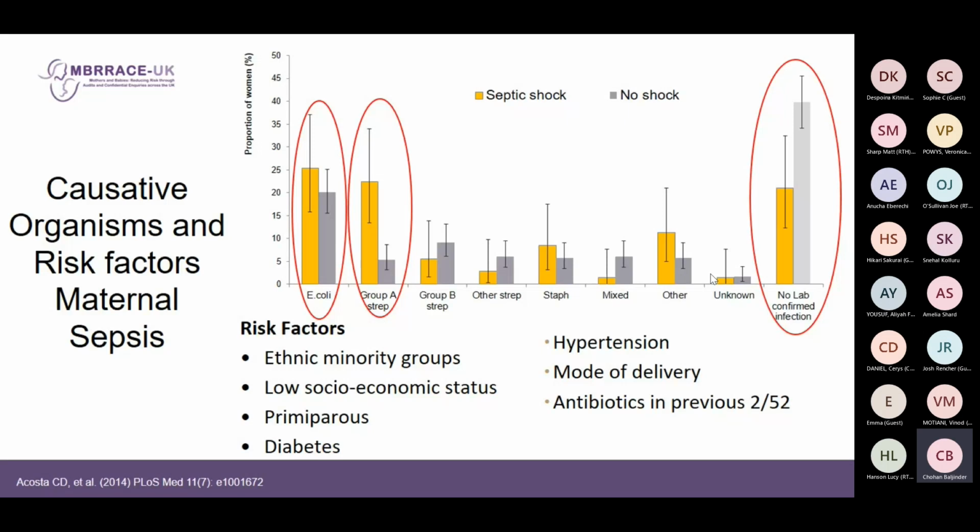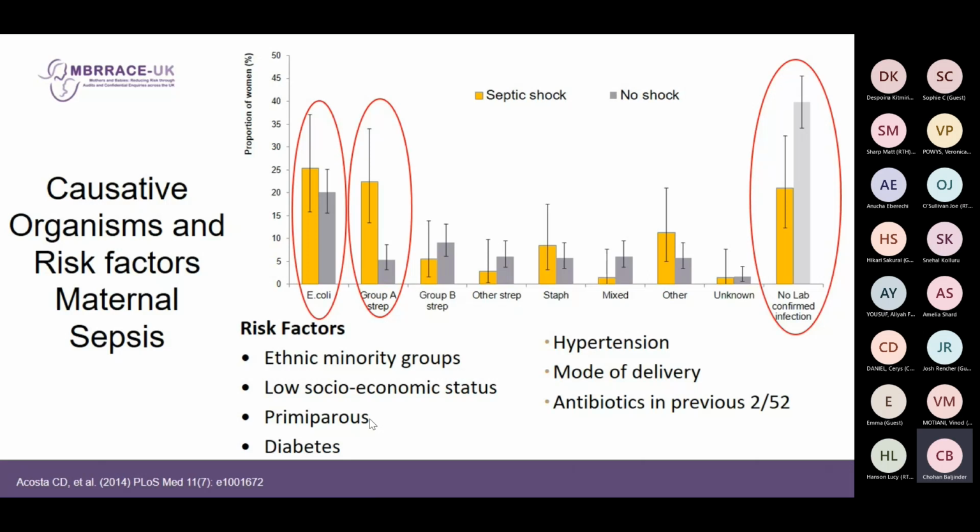Any questions, comments? Why does being a primip make you more susceptible? So where's that risk factor, being a primip? Good question. I've just lifted this from the MBRRACE report. Again, I don't know if it's partly the SROM side of things. Think about the number of patients who tend to present with a prolonged SROM.